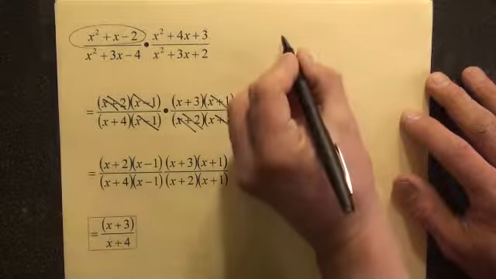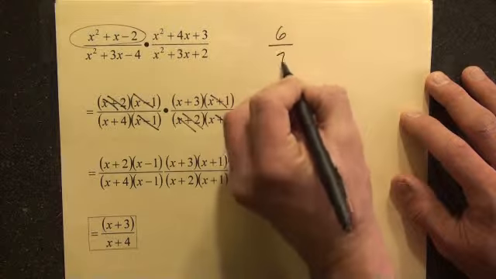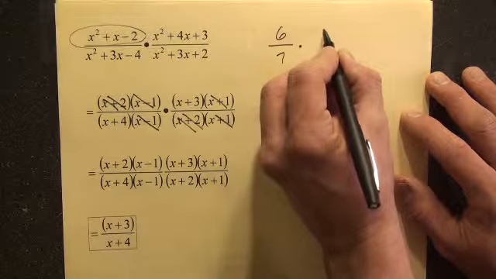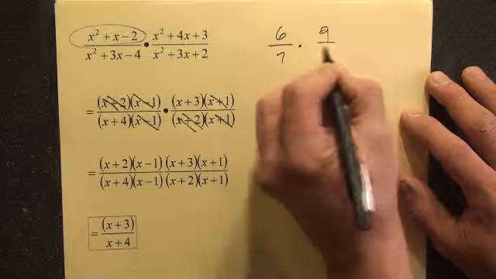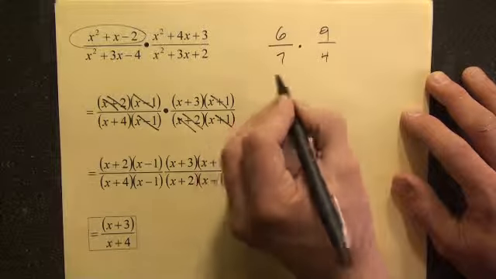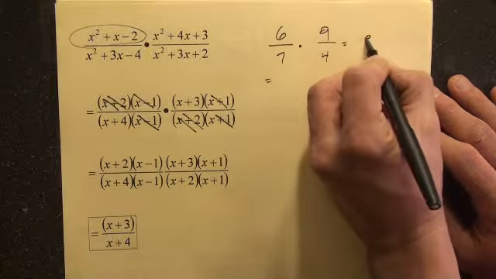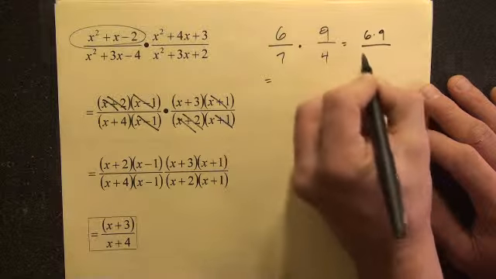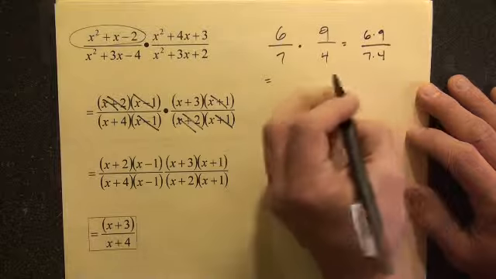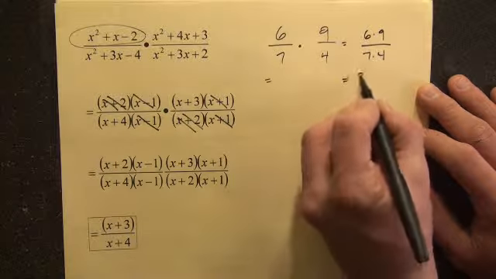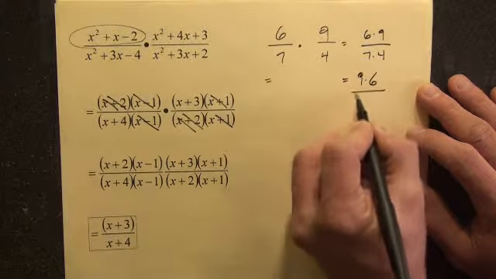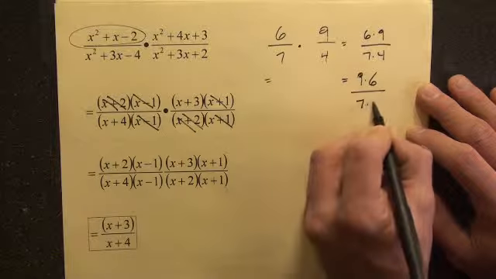If you remember from way back in the day, let's say 6 sevenths times 9/4. What you could do is, you could write this as 6 times 9 over 7 times 4. Then you could rewrite this as 9 times 6 over 7 times 4.